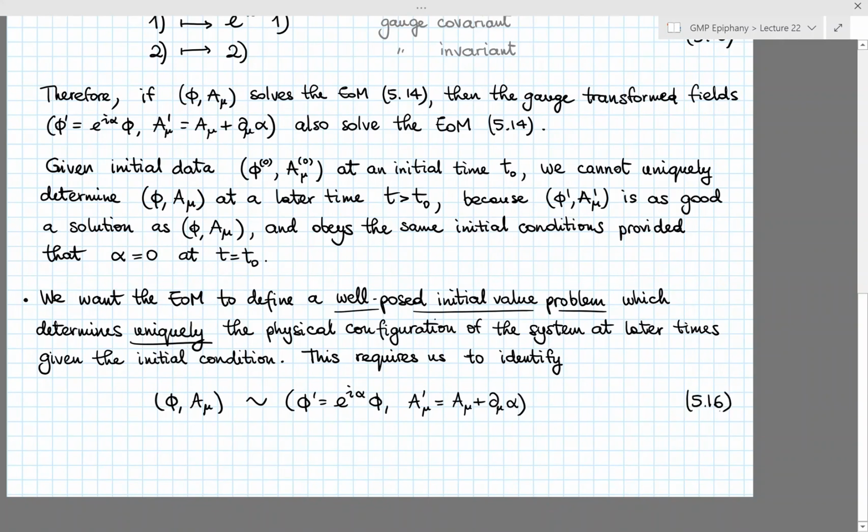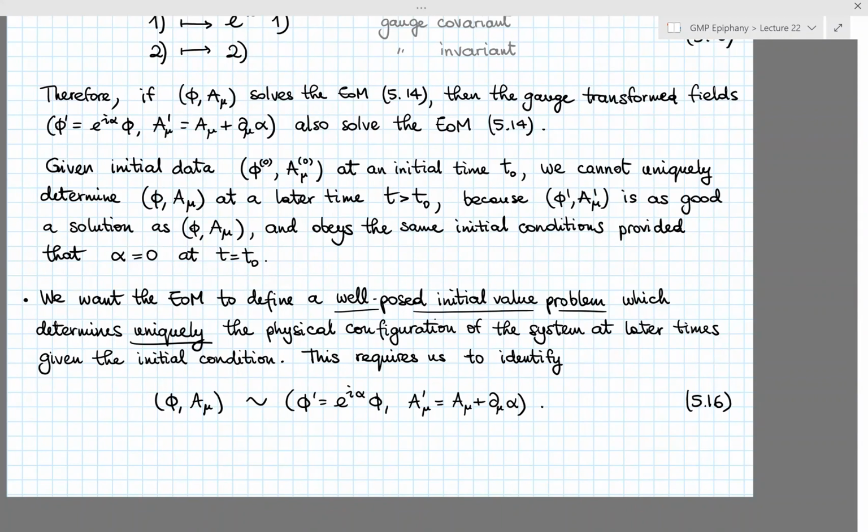If we do that, then the previous problem, that the equation of motion doesn't really determine the time evolution of the field configuration, dissolves, because the problem is only to do with the field configurations which differ by a gauge transformation. If we identify field configurations which differ by a gauge transformation, and say that those correspond to the same physical configuration, then the problem goes away.